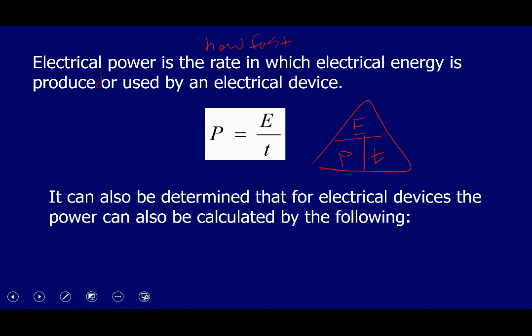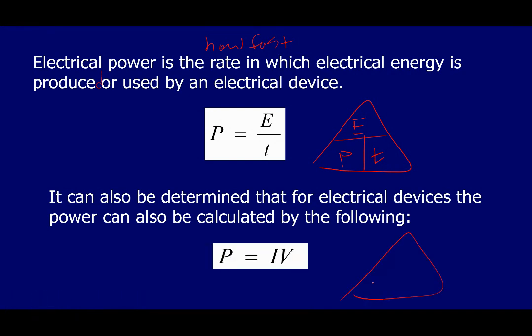It can also be determined that the other way to find power for electrical devices is power equals current, that's I, times voltage or potential difference, that's V. So either of these can be used. Maybe I'll just remind you here that energy is measured in joules or capital J. Time has to be in seconds for this to work.